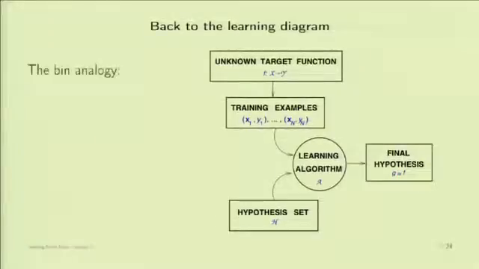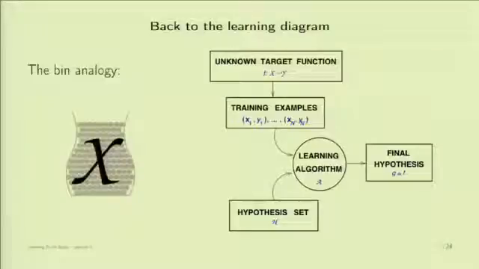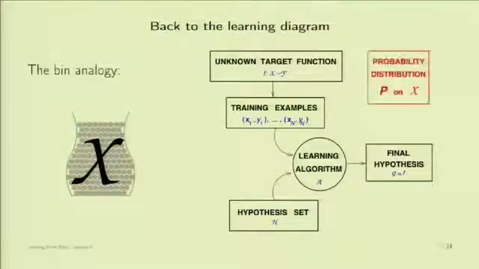In the bin analogy, this is the input space. Now the input space has a probability. So I need to apply this probability to the points from the input space that are being generated. So I am going to introduce a probability distribution over the input space. Now the points in the input space, let's say the d-dimensional Euclidean space, are not just generic points.